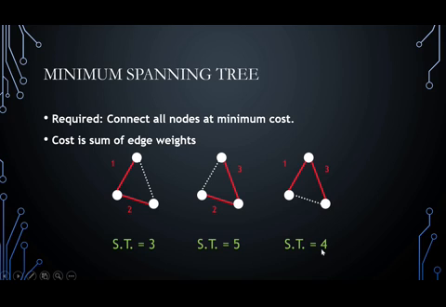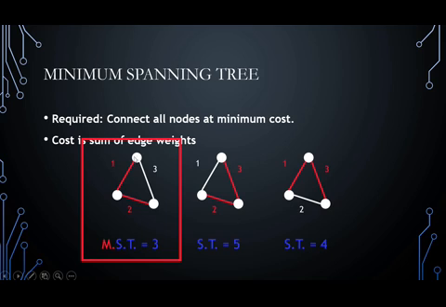So what is the goal of the problem? The goal is to find the minimum cost spanning tree. Out of these 3 spanning trees, my minimum cost spanning tree will be this one. The minimum cost spanning tree is edges 1 and 2. When connected, it gives the total weight of the spanning tree as 3, and this is your minimal cost spanning tree. Hope you have understood the concept.